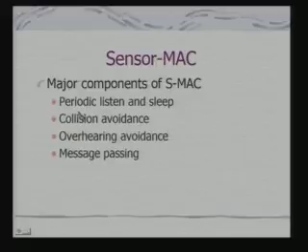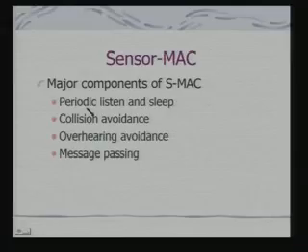In fact, the major parts are these: the periodic listen and sleep, collision avoidance, overhearing avoidance, and message passing. We shall look at this phenomenon of periodic listen and sleep, which distinguishes this MAC protocol from that of your 802.11 protocol, which is for wireless LAN.